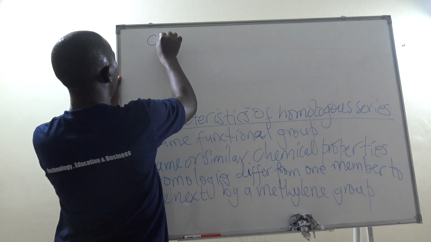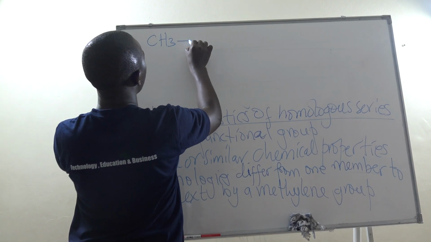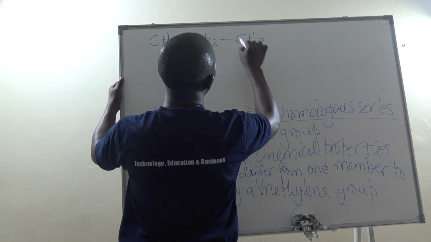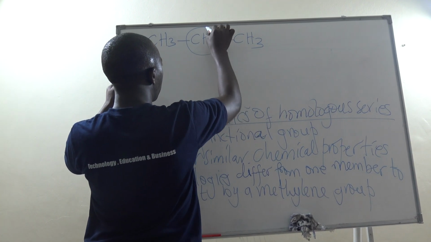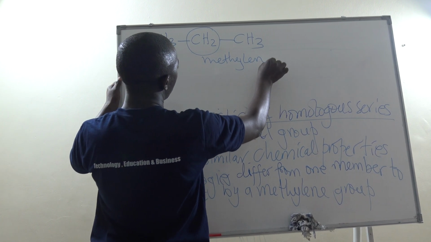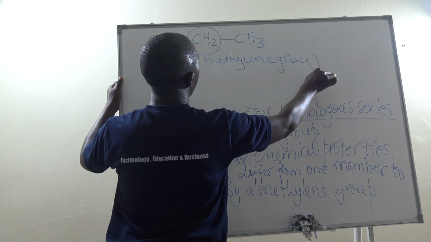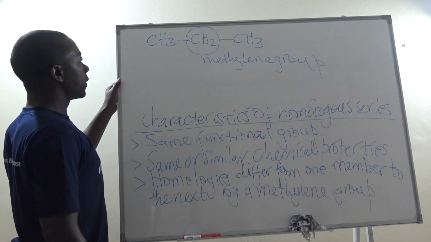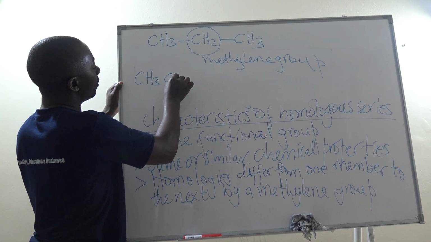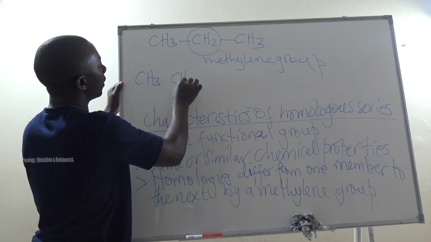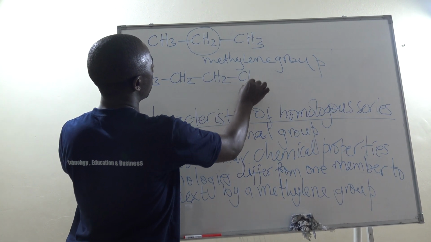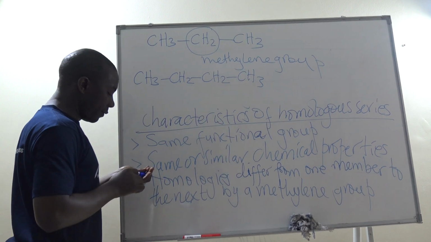I can do that using this C3. This group is what we call a methylene group. Take an example, that is an alkane with 3 carbon atoms. What is the difference between an alkane with 3 carbon atoms and an alkane with 4 carbon atoms? That's the difference.